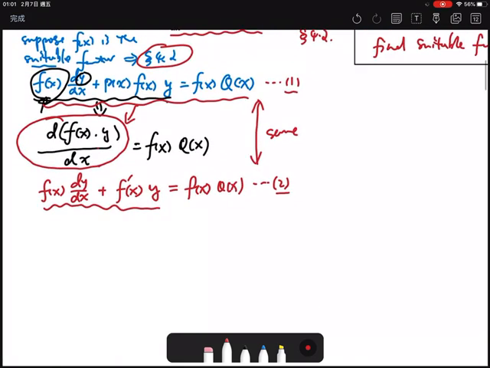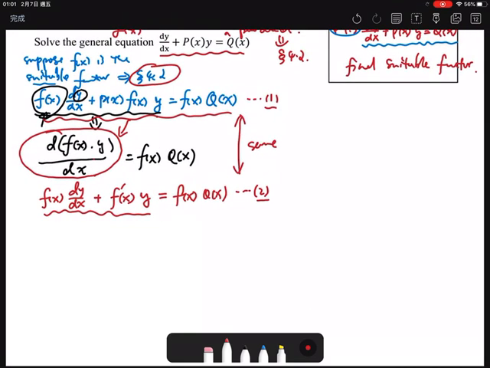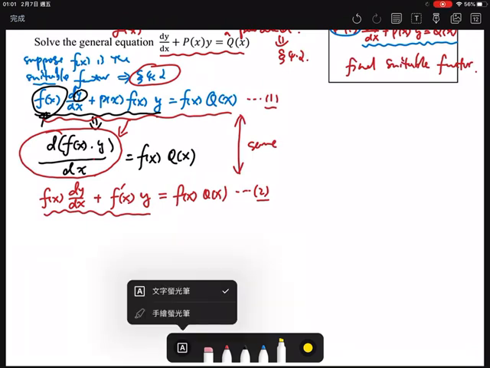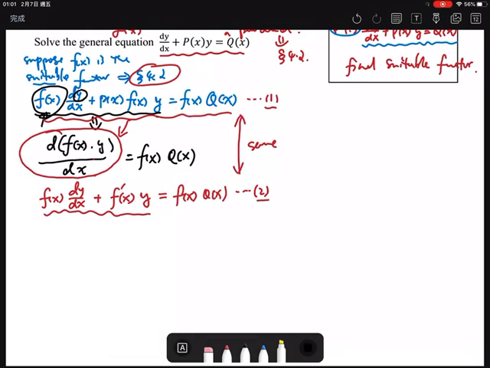By comparing, you see, obviously, this color, the derivative of f(x) should be equal to p(x) times f(x). So by comparing, we get p(x) times f(x) equals f prime.